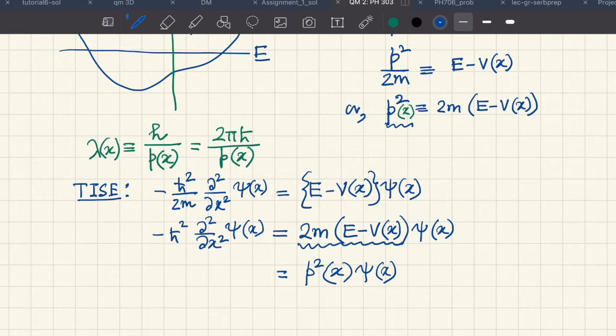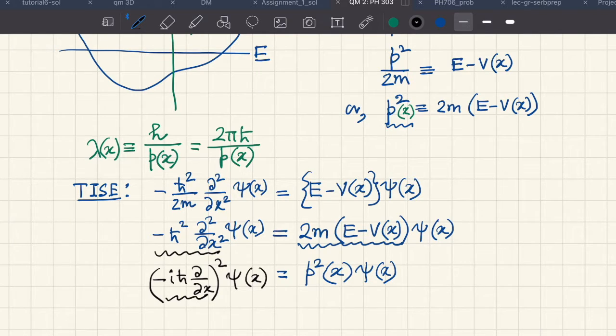But we also know what this object is. This object is nothing but (−iħ ∂x)² ψ(x), which is again nothing but the momentum operator in the position basis.